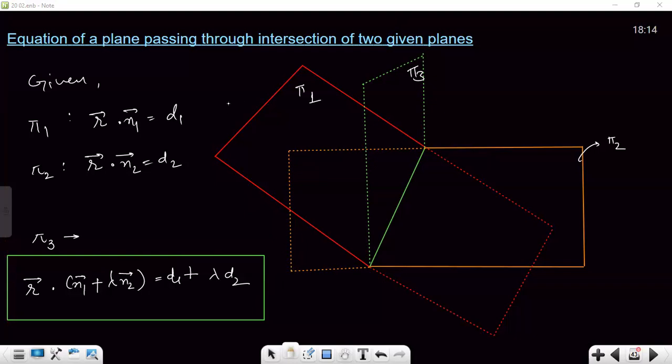As we were discussing about the lines, parallel lambda, there will be a scalar multiple. This is somewhat on the same lines.